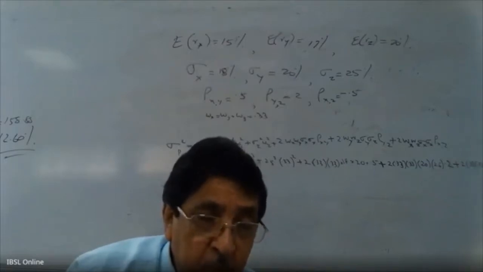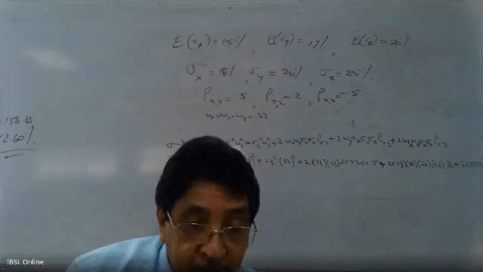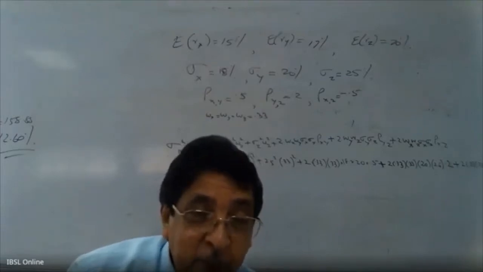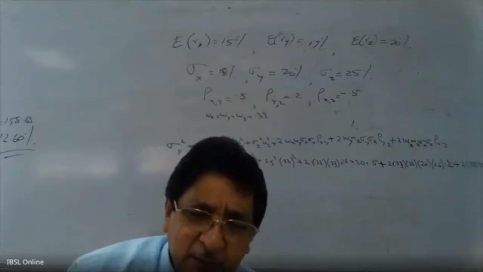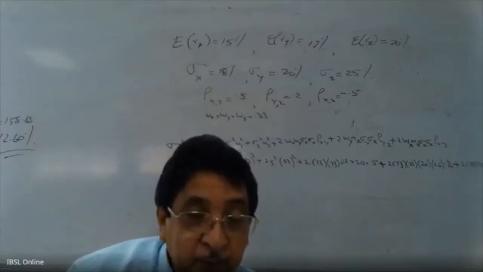Right. Of course, now you might wonder, when many assets are being taken into a portfolio, what should be the way of getting into this particular formula? So there's a particular way of doing it. And say, if you have 4 assets, what will happen?